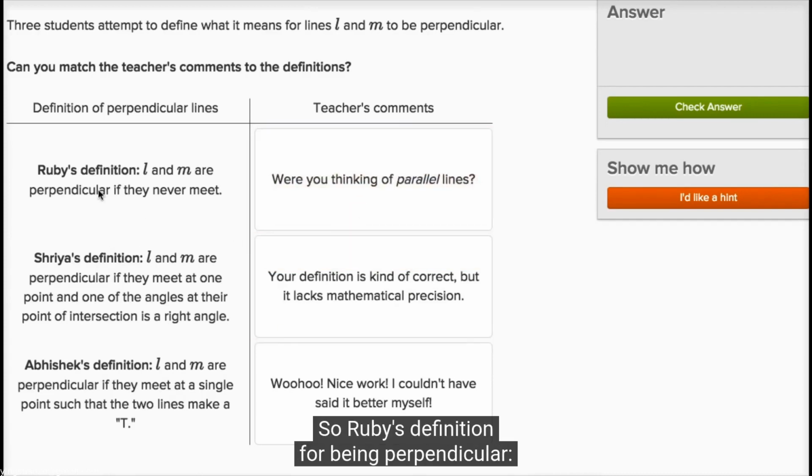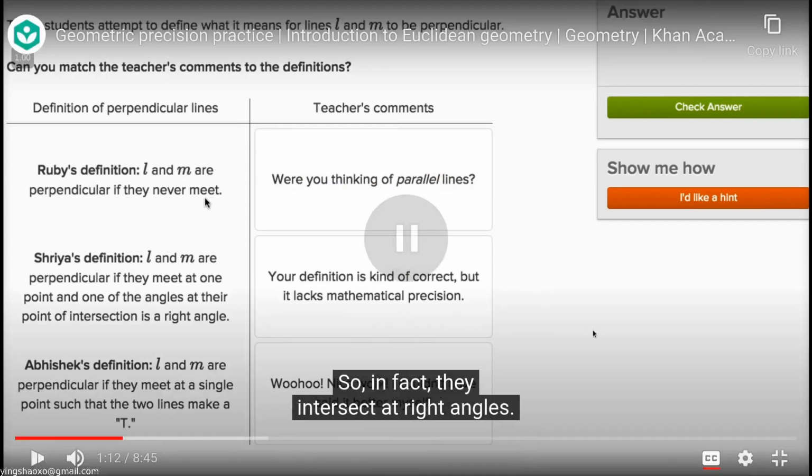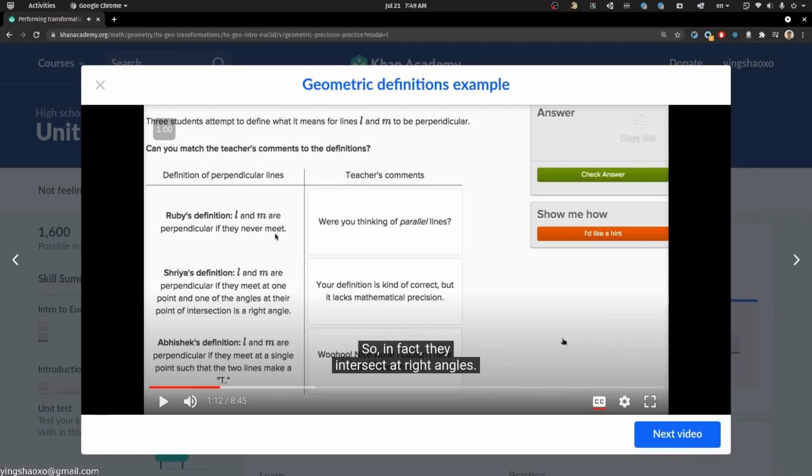So Ruby's definition for being perpendicular: lines L and M are perpendicular if they never meet. Well, that's not true. In fact, perpendicular lines, for sure, will intersect. They intersect at right angles. Here's the thing you need to know. What is perpendicular?